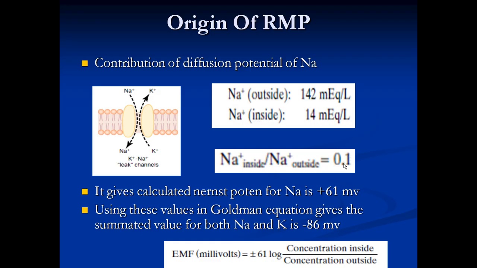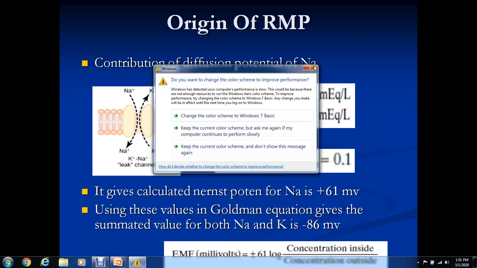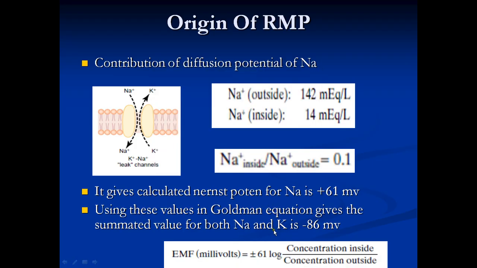When we see the value of 0.1 in the log table, it is always minus 1. So if we multiply the minus 1 with the minus 61, it results in plus 61. So the contribution of the sodium towards creating the resting membrane potential is plus 61 millivolts.